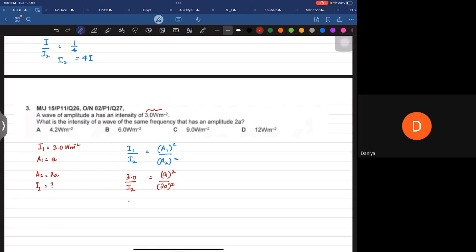It's going to be 3.0 over I2, and this is going to be A squared over 4A squared. A squared and A squared will cancel out. You're left with 3.0 over I2 equals 1 over 4. So I2 will be equal to 4 times 3.0, and that's going to be 12.0 watts per meter squared. And here's your answer. Do you get it?